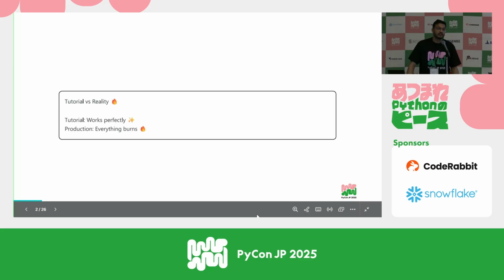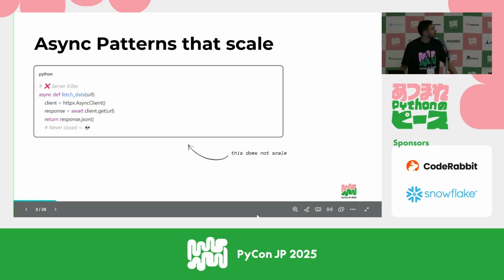Because in production, external APIs fail, we have database failures, we have network hiccups, and so on. We'll see how we can fix those by understanding the problems first, and then the solutions. Now, for any MCP server, the foundation starts with the async patterns.